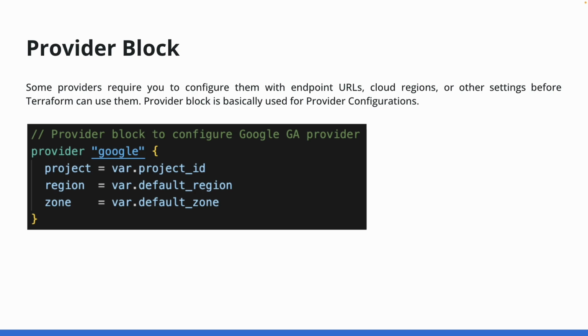It is not necessary to define properties like project, region, zone, etc. for the Google provider, but if you mention them, that's also fine. Say you have mentioned these default values for the provider, and you are deploying a particular resource that needs a region, but you haven't provided the region for that resource. Then the default region for that resource would be picked from this particular setting.